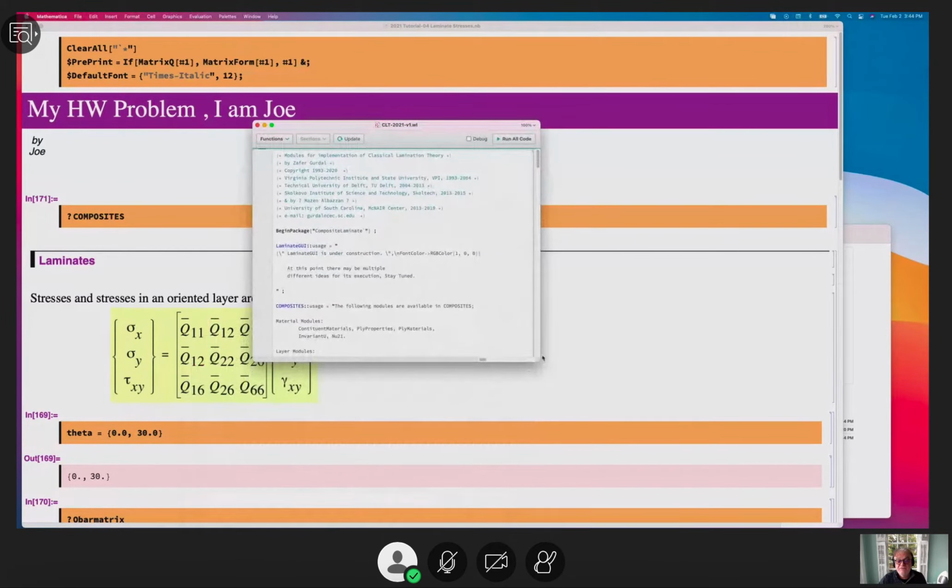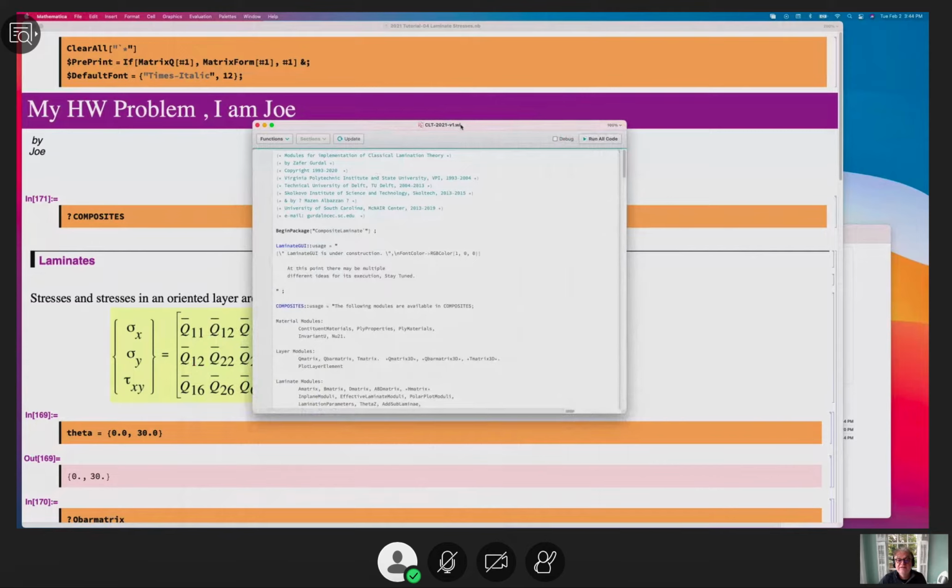So this was the program file with the WL extension, and make sure that you have version 1 downloaded. I've actually edited as late as, when was it? We had an office hour, and during the office hour I found a couple of typos that I corrected.